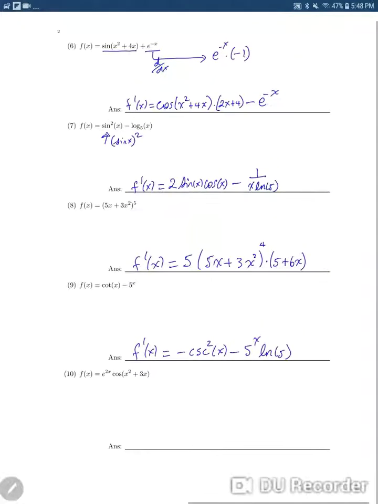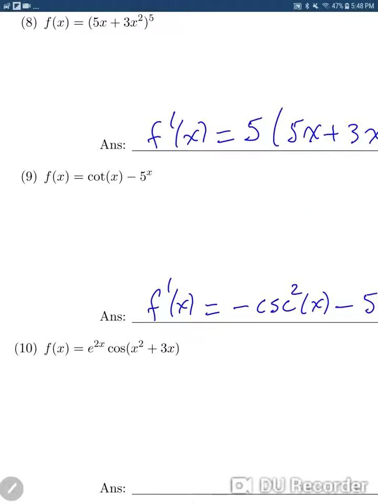All right, the last problem is e to the power of 2x times cosine of x squared plus 3x. This is a product of two functions, so I will apply the product rule. So the derivative is the derivative of the first times the second plus the first times the derivative of the second. But if you notice, the first is a chain of two functions.